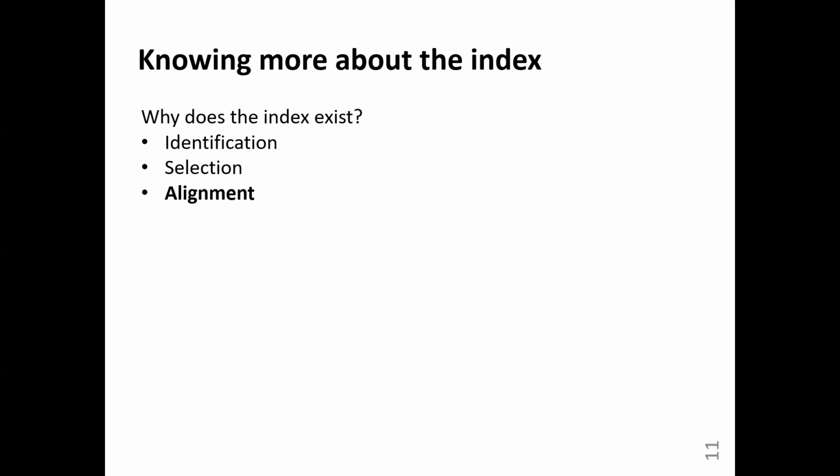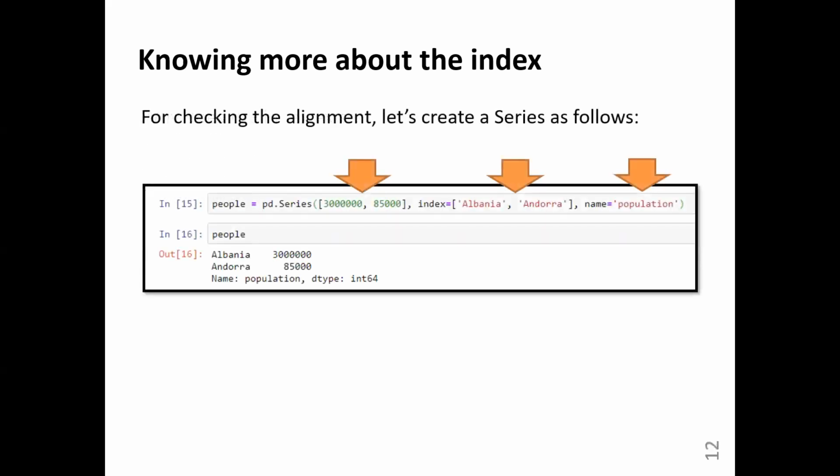Let's go to the alignment. Now it's time for us to get to the alignment and what alignment means. This is one of the magics that we see in the series. Everybody, please create one series. For doing that, we say people is equal to pandas.Series. And we have two values. One of them is 3 million, and the other one is 85,000.